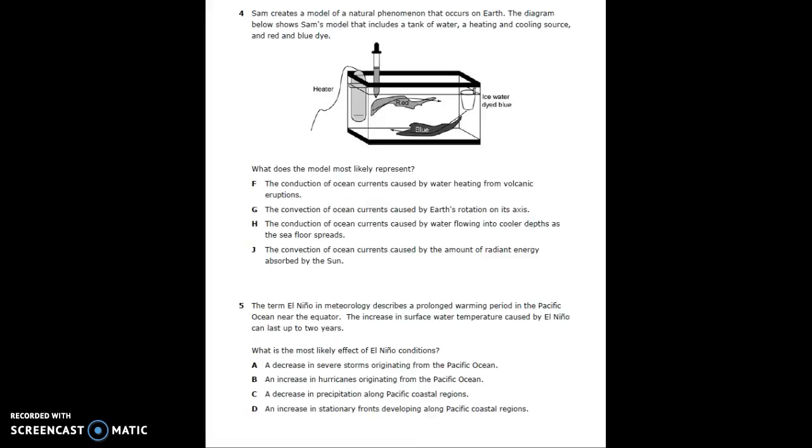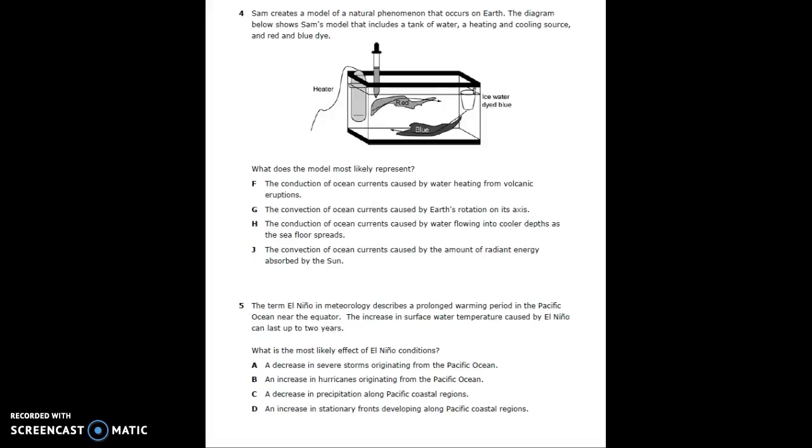All right, question 4. Sam creates a model of a natural phenomenon that occurs on Earth. The diagram below shows Sam's model that includes a tank of water, a heating and cooling source, and red and blue dye. What does this model most likely represent? F. the conduction of ocean currents caused by water heating from volcanic eruptions.